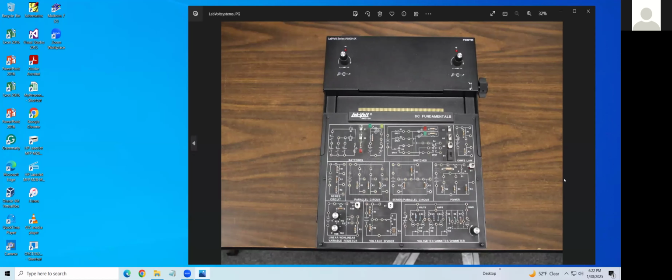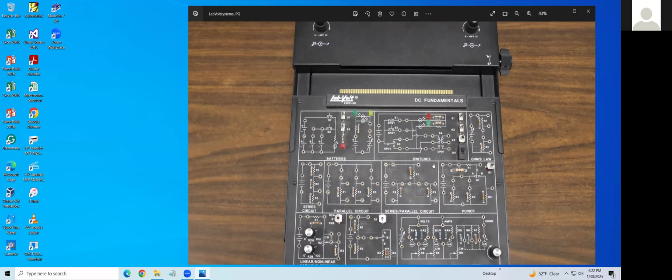Now you see it? This is the lab system. Now this is the circuit board you will be testing.